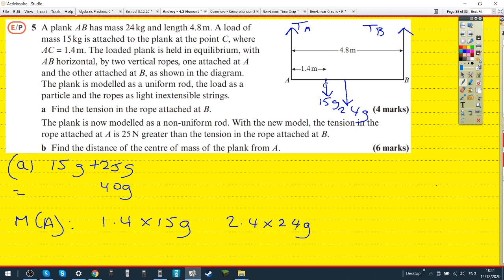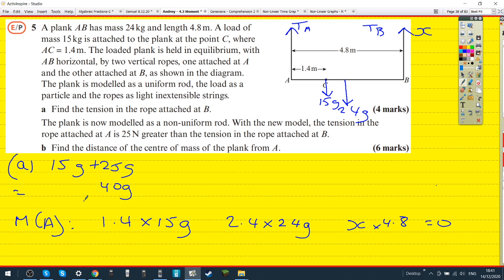No. Tension at B is like X. That's what we're trying to find. So am I just going to do plus X times 4.8? This isn't an equation though. Equals 0. I need to put in the symbols in between as well.